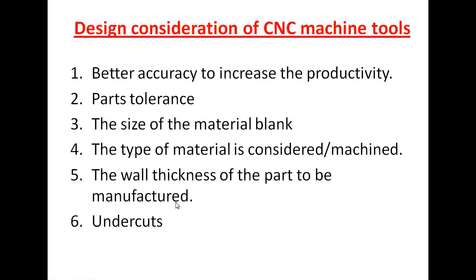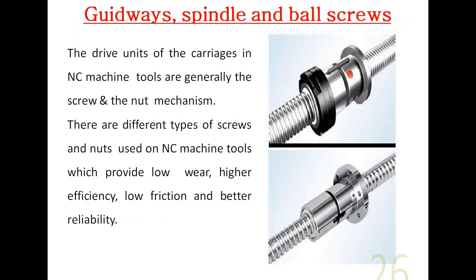It is important because speed, feed and depth of cut can be changed as per the wall thickness. And last is undercuts. Undercuts are important because they are critical parts in the assembly, so they must be considered while designing CNC machine tools.